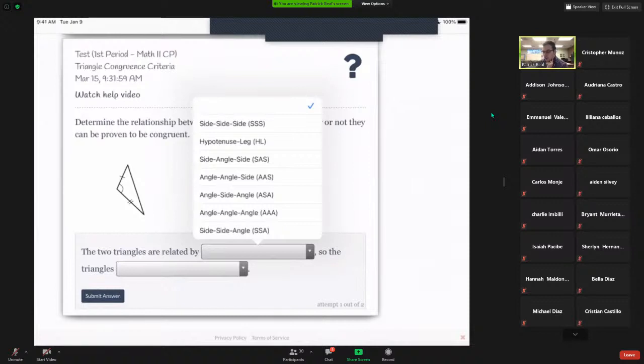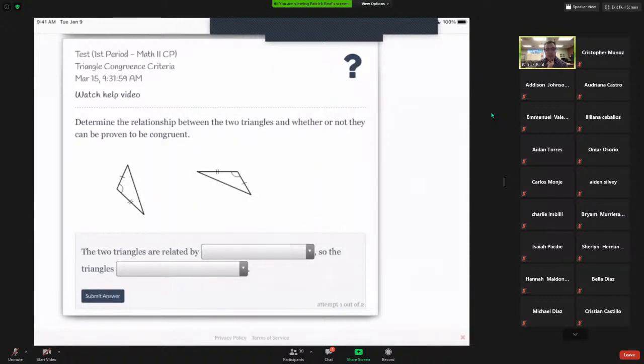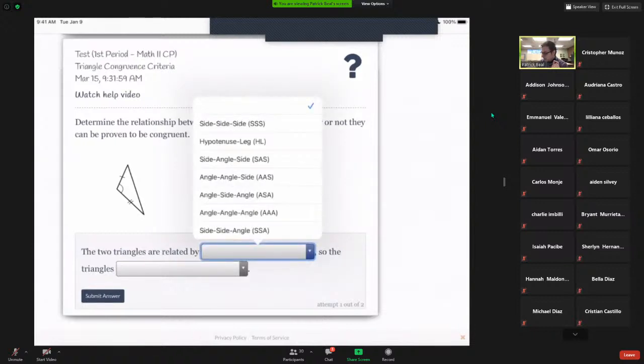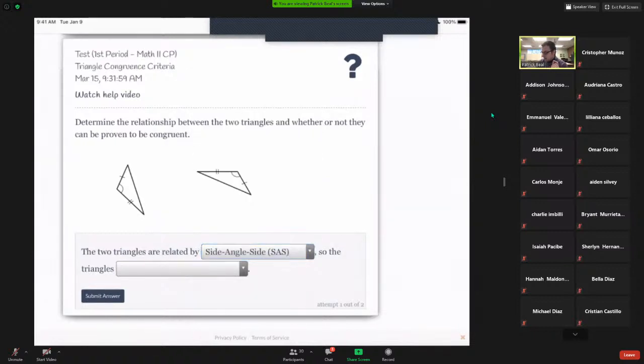If you look at this, the angle is in the middle of the two sides. It's in between the two sides. So that means it's going to be SAS. And then you have to ask yourself, and you can look at your notes, does this shortcut work? Is this one of the shortcuts that works? Anybody?